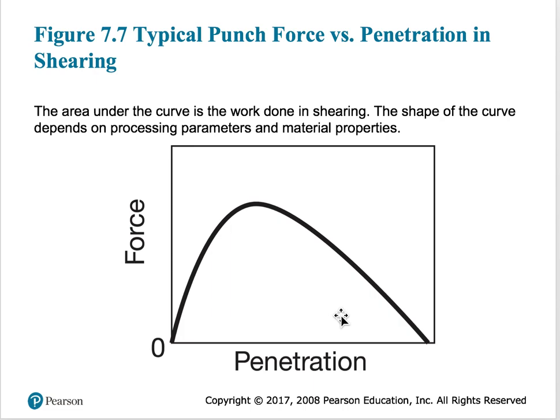It is 0.7 times S subscript UT, which is the ultimate tensile strength of the sheet metal, times T, the thickness, times L, the total length of the sheared edge. If you have a round hole of diameter D, L is equal to pi times D. From that you can calculate the maximum punch force.